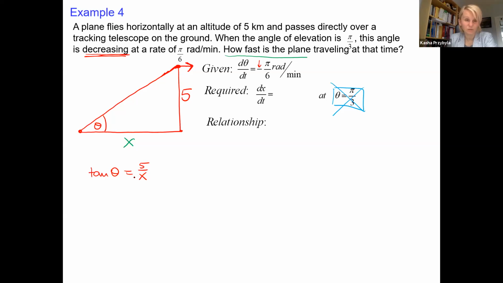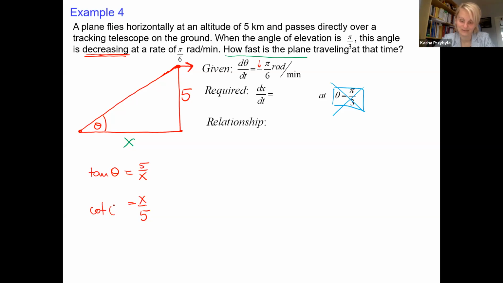X is in the denominator, which means this is x to the power of -1. But what do you think? We may use another relation. Instead of 5 over x, I can make x over 5. That means what function?